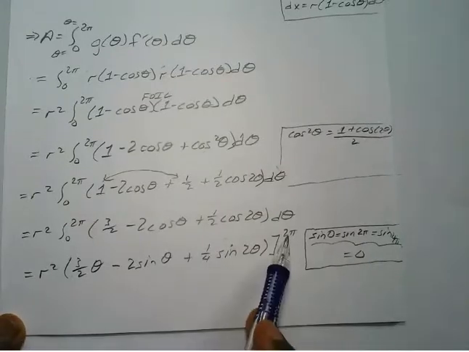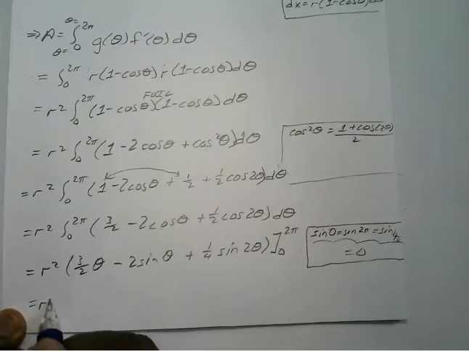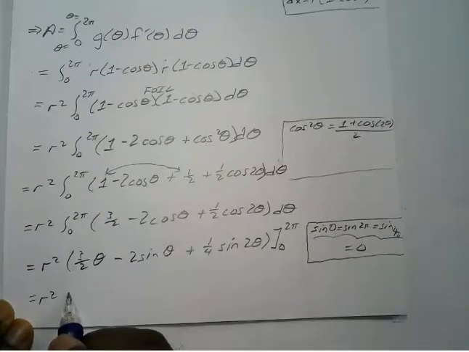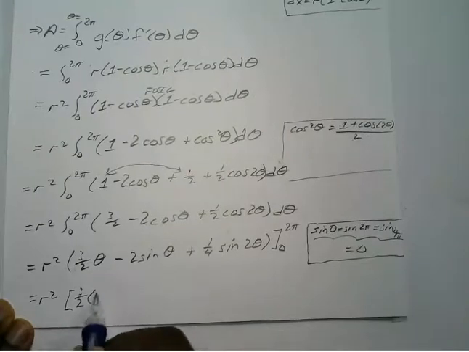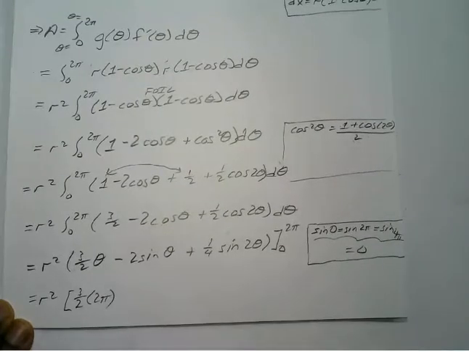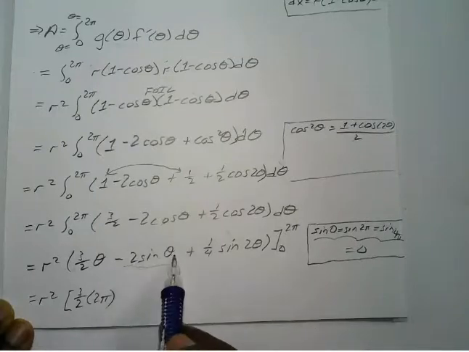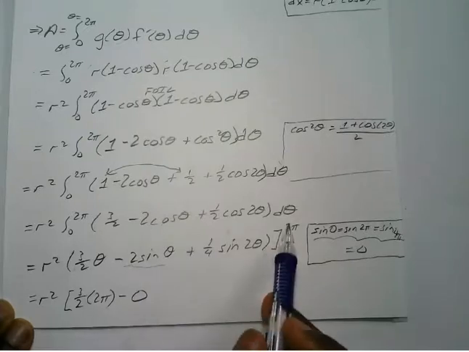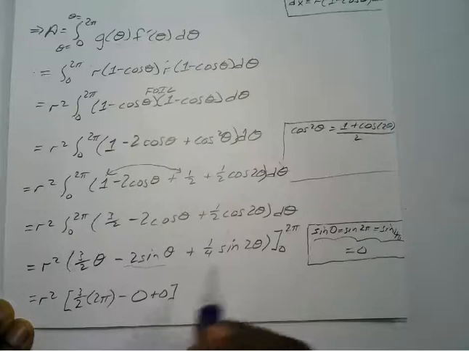Okay, so we plug in our 2 pi. We will end up with r squared times 3 over 2 times 2 pi. Then we end up with sine of 2 pi, which is 0, so that's minus 0. Here we end up with the sine of 4 pi, which is 0, so it's plus 0.